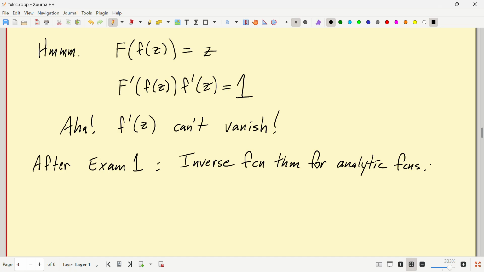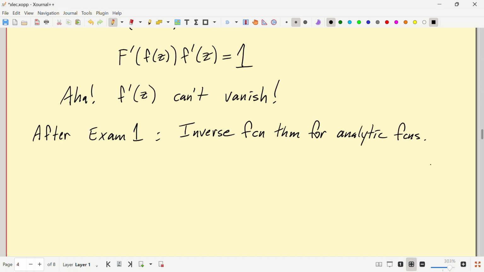This open mapping theorem makes it rather easy. It's going to be easier than the real version you learned, because we have this geometrical feeling for the argument principle and the open mapping theorem.